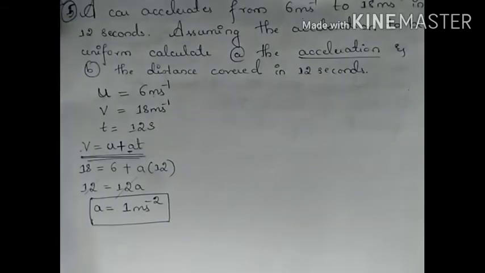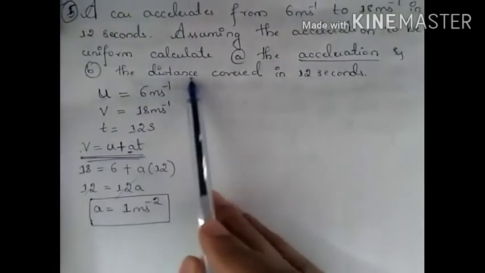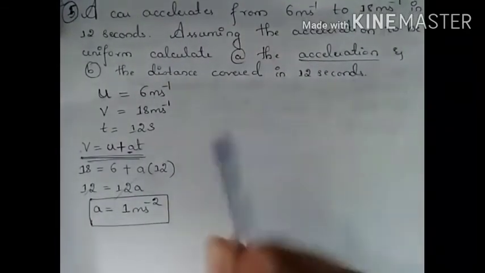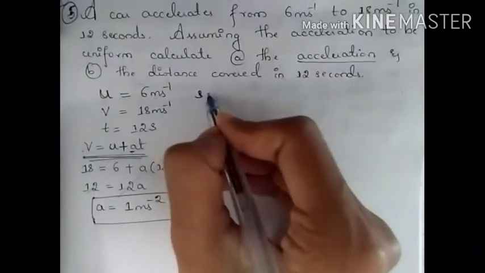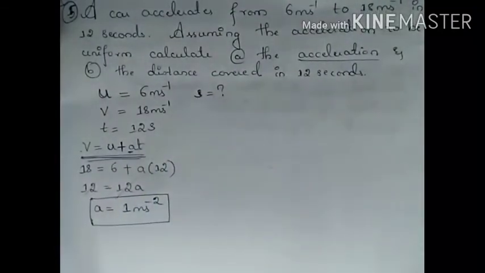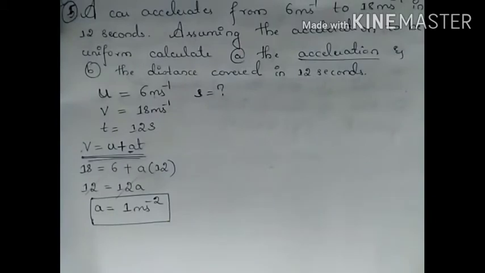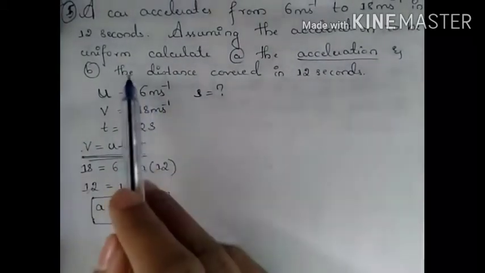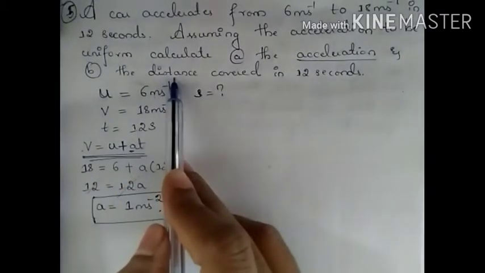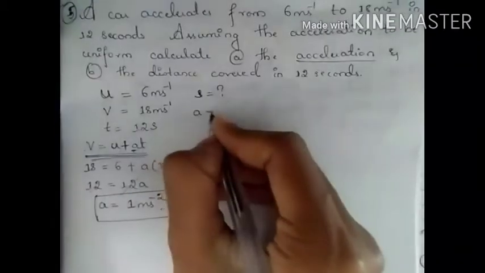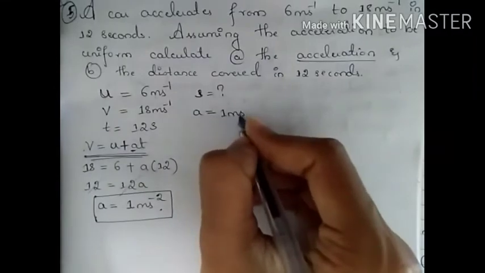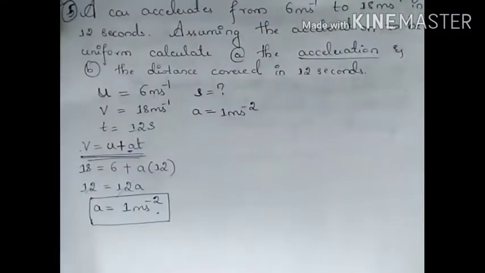Now next is, he is asking the distance covered in 12 seconds. So s is unknown to us. So we have found the acceleration. So you can use the value of this acceleration in the second bit to solve the problem. So acceleration is again known to us, 1 meters per second square.